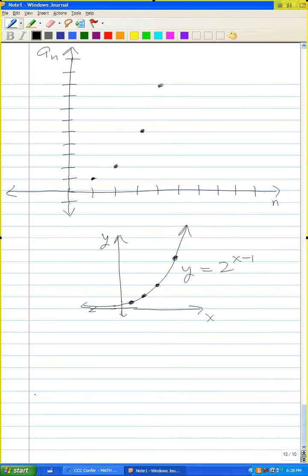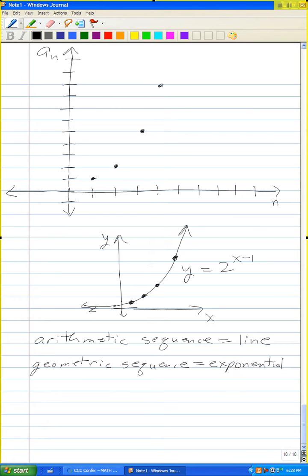For an arithmetic sequence, the graph of it basically looked like a line. For a geometric sequence, the graph of it looked like an exponential.